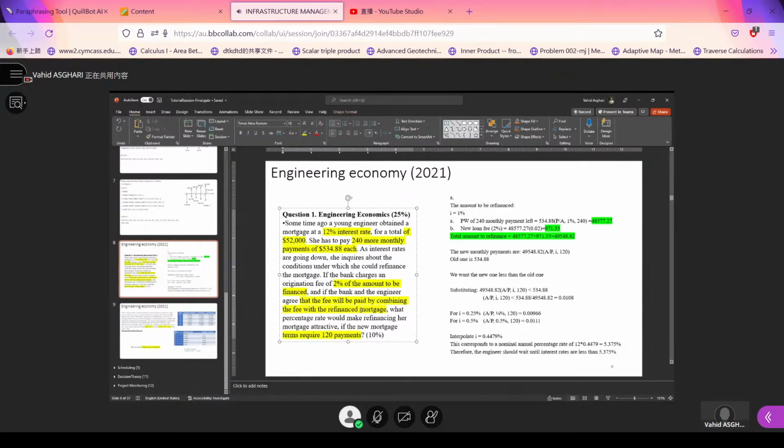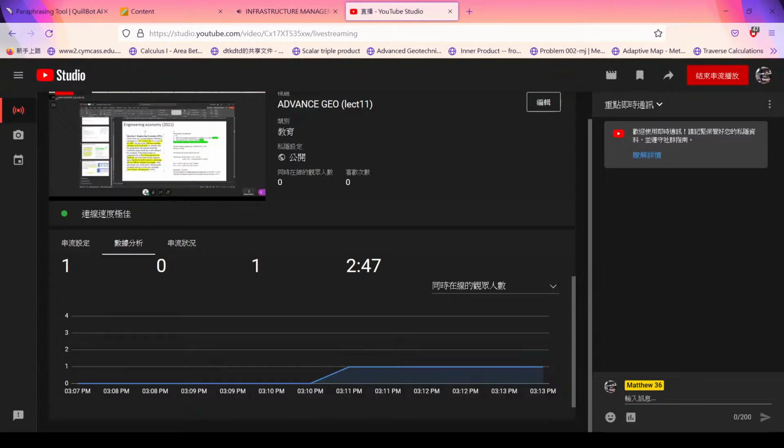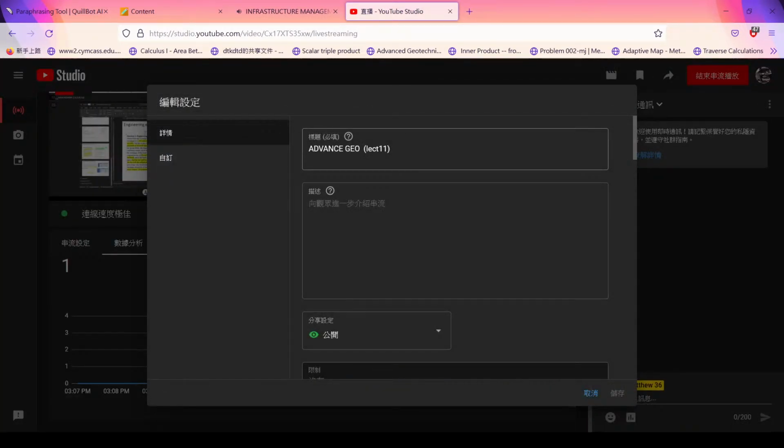I don't know, or maybe I'm missing something. What is vague here? What is not clear here? I'm not sure which value to times the 2%, whether it's the present worth or the total of the mortgage that she owed.